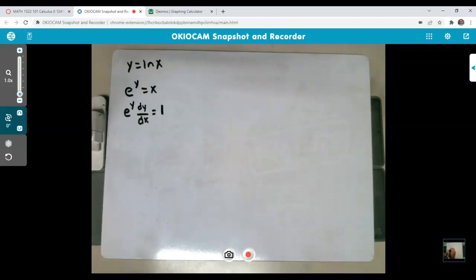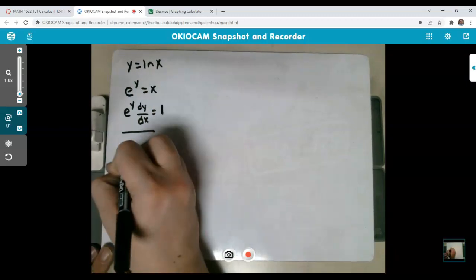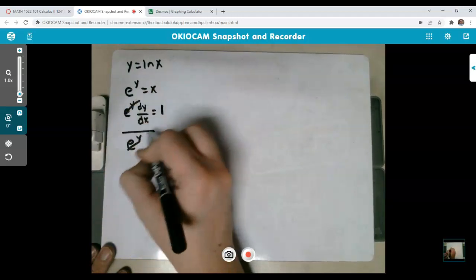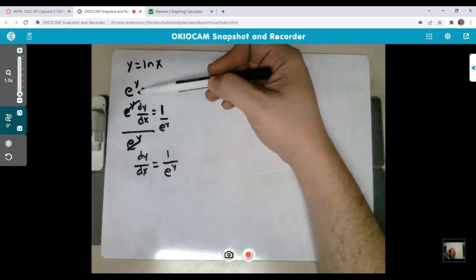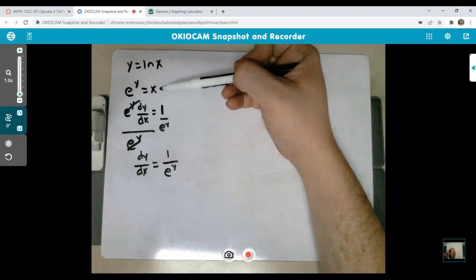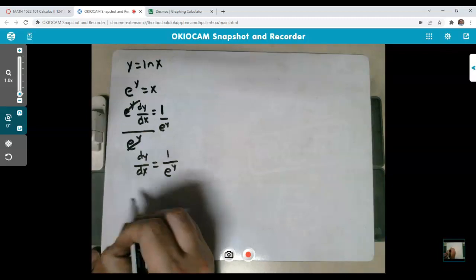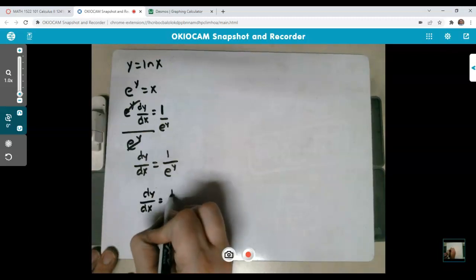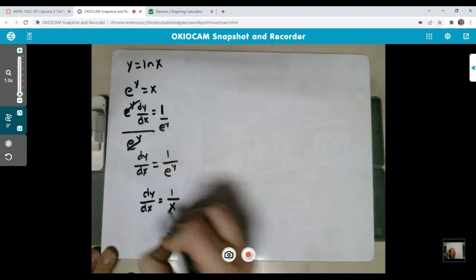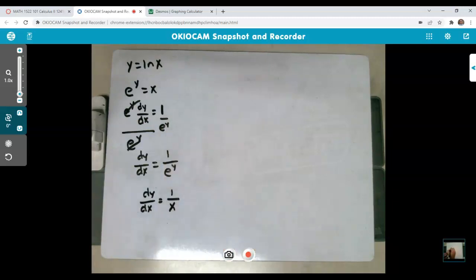So now I can solve this for dy/dx by dividing by e to the y to cancel it out. So I know the derivative is equal to 1 over e to the y. But like we said in this step right here, e to the y is equal to x. So I can write this as the derivative is equal to 1 over x.